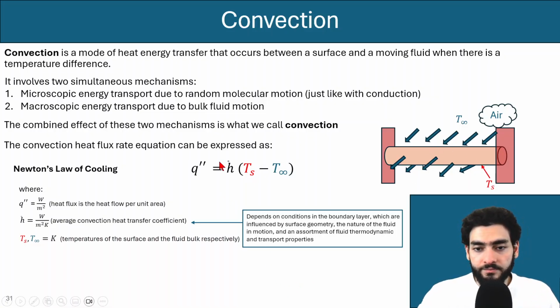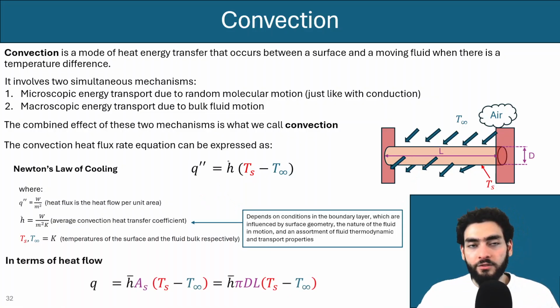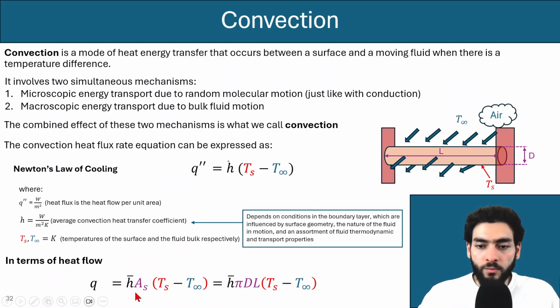over the surface. In terms of heat flow, as we said, it is the heat flux multiplied by the surface area. So if you multiply the surface area with the heat flux, you get the average heat transfer coefficient multiplied by the surface area, multiplied by the difference in the temperature from the surface to the air.